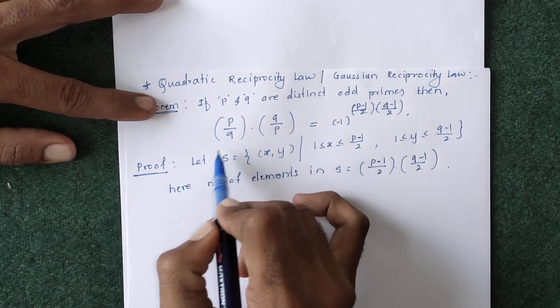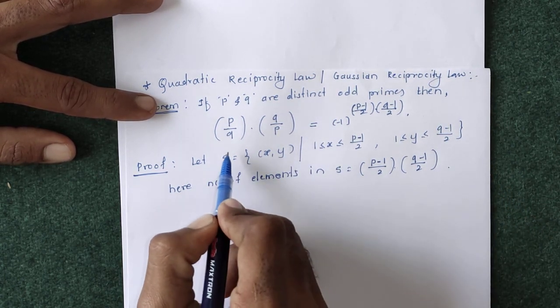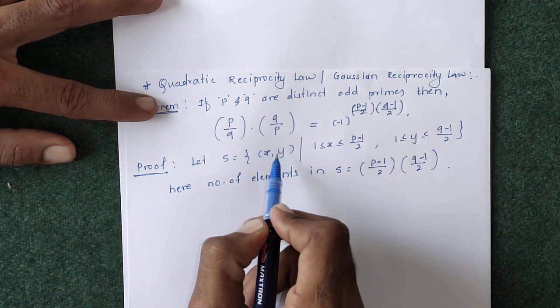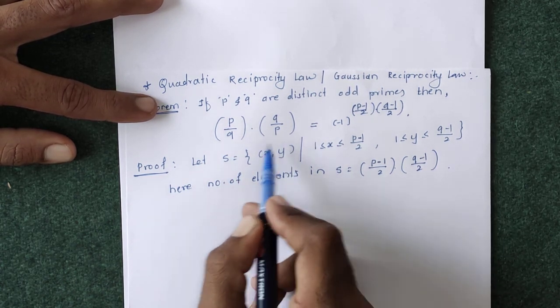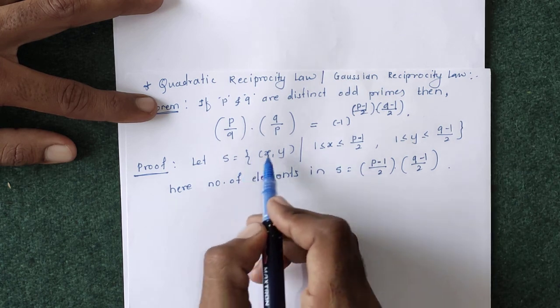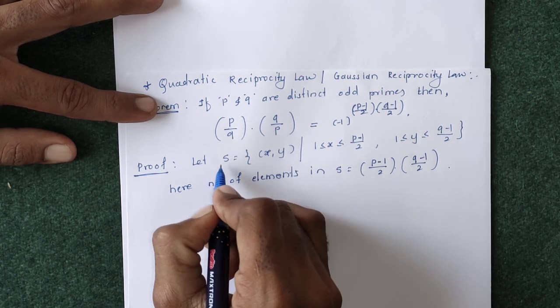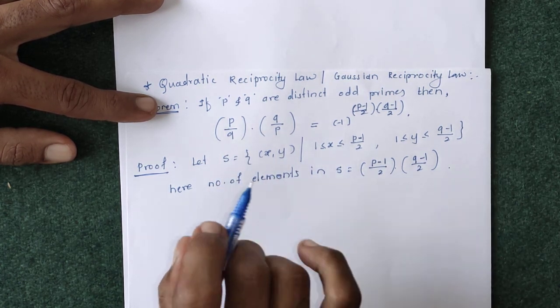Now we are going to separate this set, that is, we are going to take two subsets of this set which are mutually exclusive, that is, distinct, meaning their intersection is empty.